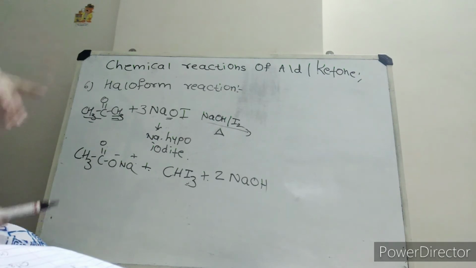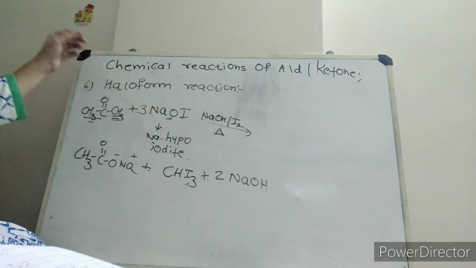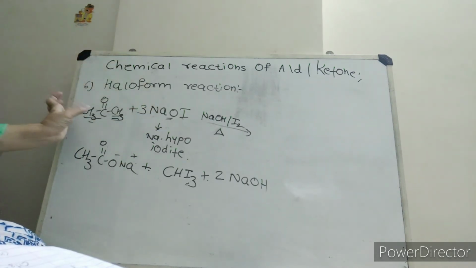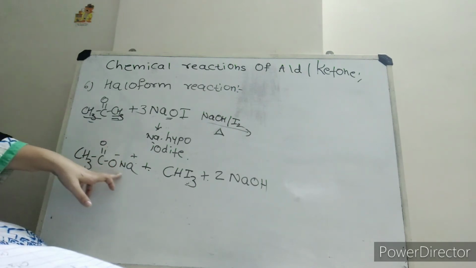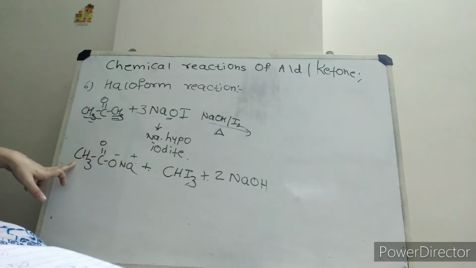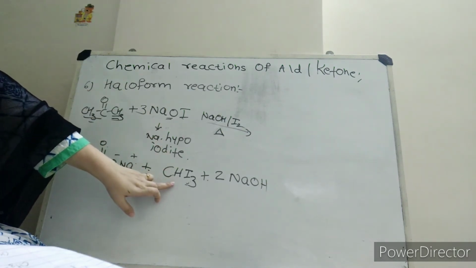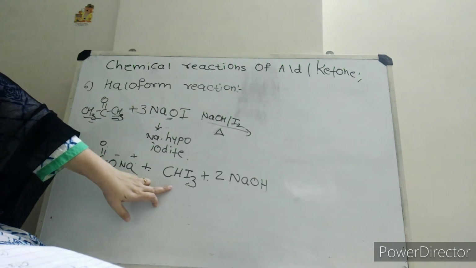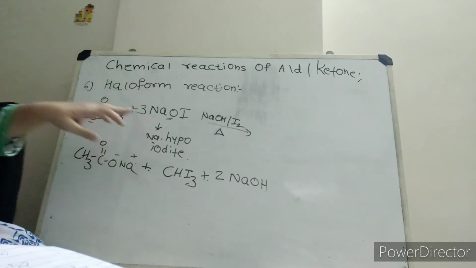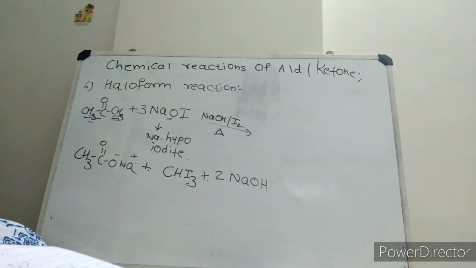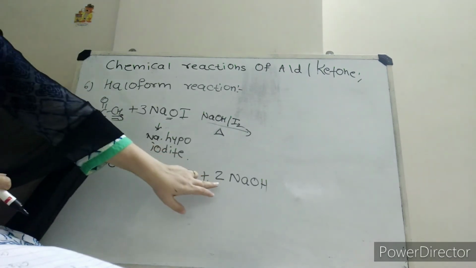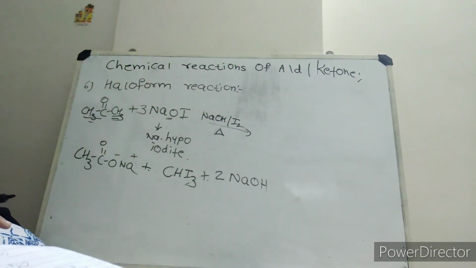This sodium hypoiodide then reacts with whatever aldehyde or ketone is present to form the sodium salt of the carboxylic acid. In this case, we get sodium acetate with the evolution of the methyl group, which contains one carbon atom less, and it gives iodoform, CHI3, by evolution of 2 molecules of NaOH.